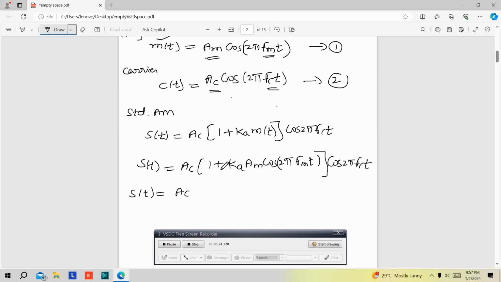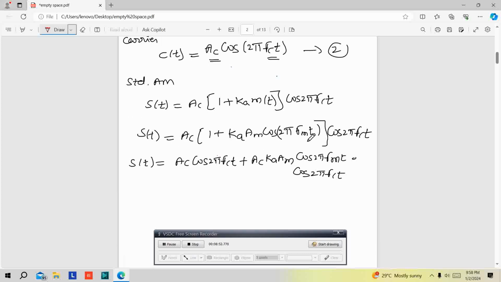Ac cos(2π fc t) plus Ac Ka Am cos(2π fm t) cos(2π fc t). Ac cos(2π fc t) is common when I open this bracket, so Ac cos(2π fc t) is the first term, then Ac Ka Am cos(2π fm t) cos(2π fc t).